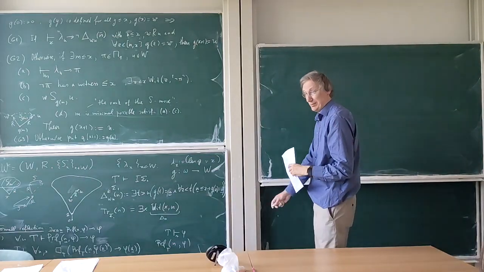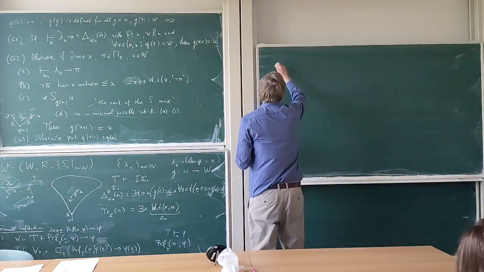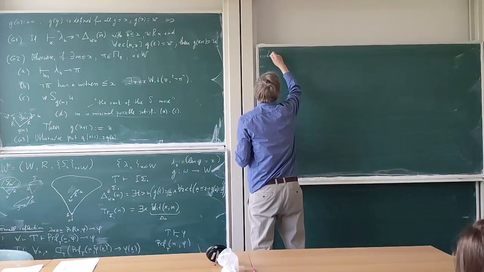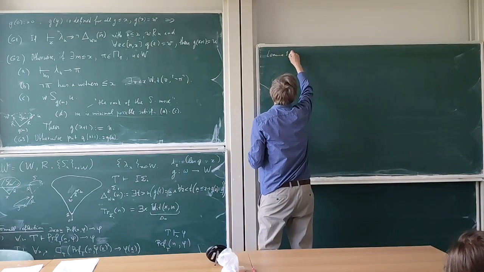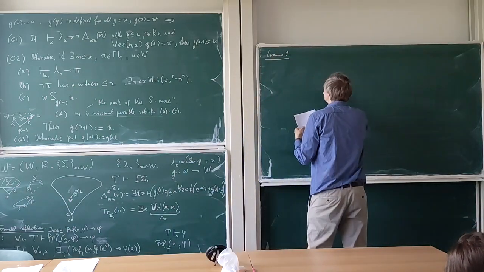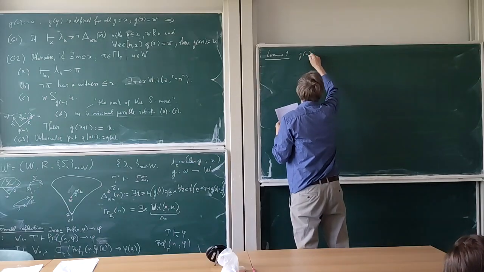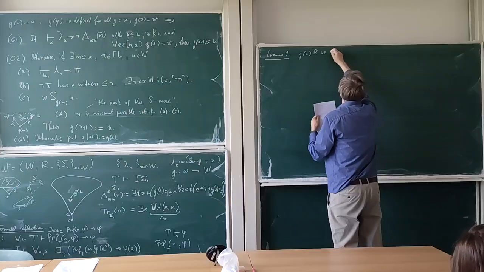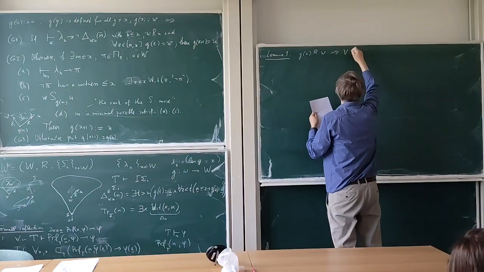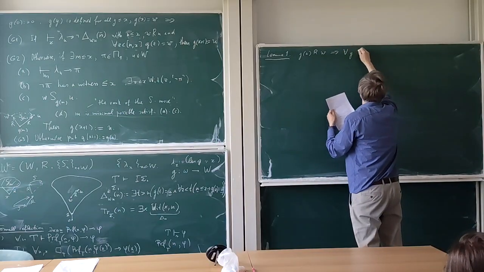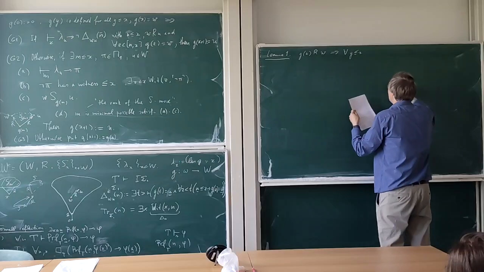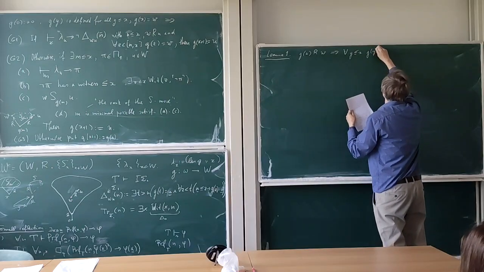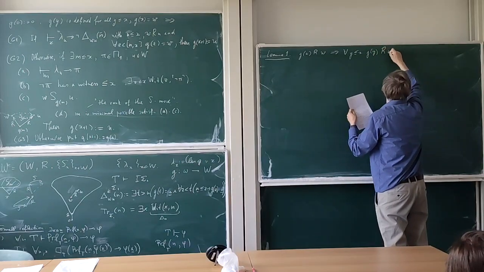So let's prove several properties. First, Lemma 1: if g of x is r w, then for all y smaller than x, g of y is r w.